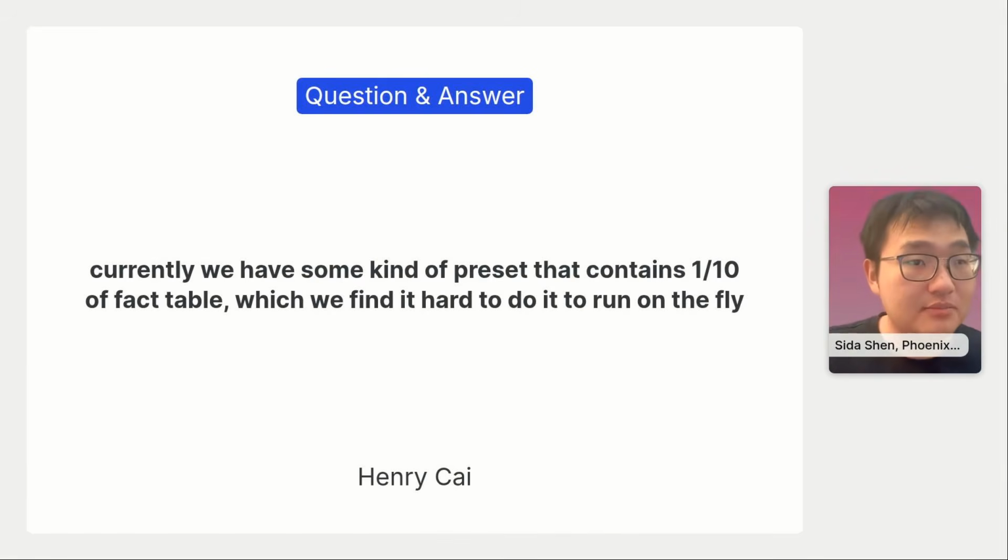Currently, we have some kind of preset that contains 1/10 of the fact table. Should we find it hard to run on the fly? What do you mean by 10% of the fact table? Is that just a slice of the fact table, or the size of 1/10 of the fact table?